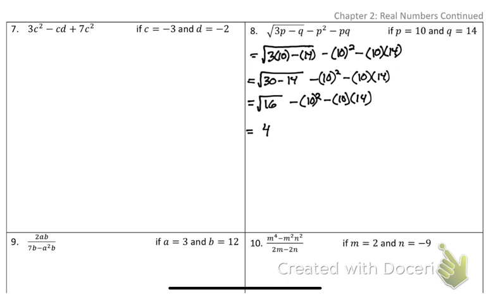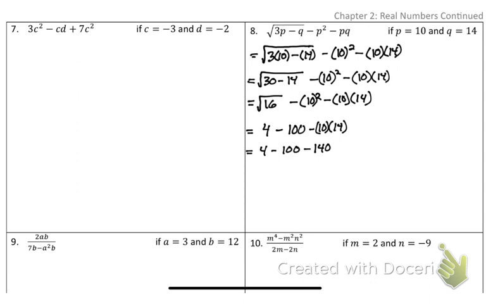Well, let's take care of this exponent as well. 10 squared is 100 because we're on our squares and square roots. Minus 10 times that 14. I have 4 minus 100. 10 times 14 is 140. Do you see how much easier these problems are if you just do them step by step instead of trying to plug everything in your calculator?